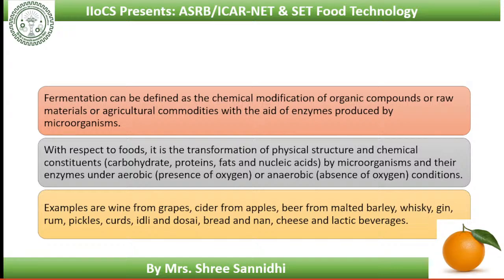With respect to foods, it is the transformation of physical structure and chemical constituents like carbohydrates, proteins, fats, and nucleic acids by microorganisms and their enzymes under aerobic or anaerobic conditions. So in fermentation we can see both conditions. Initially there will be plenty of oxygen, so later it will be converted to anaerobic condition.